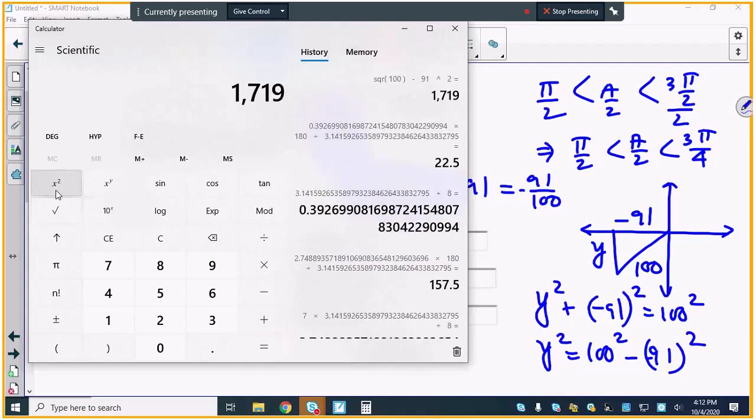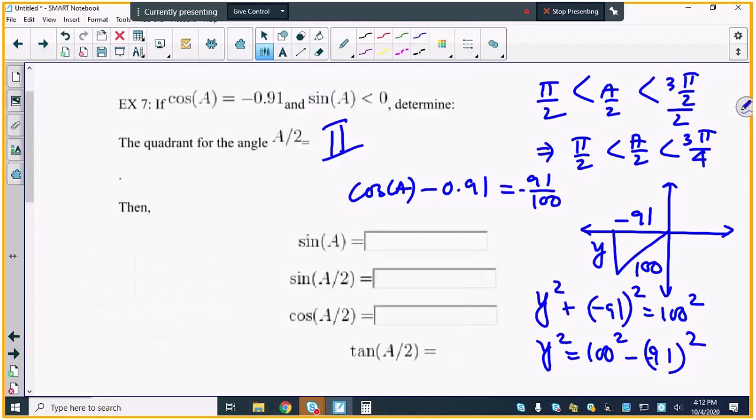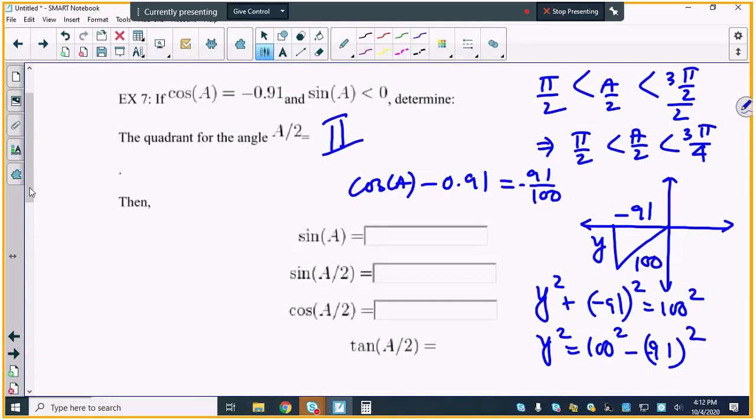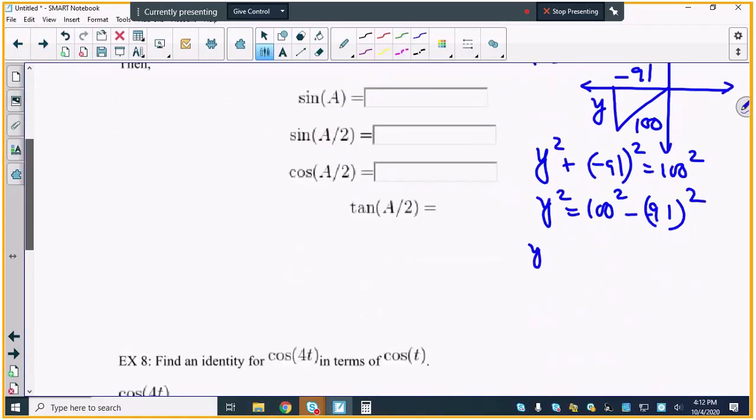So that's 1719, and I need to take the square root of this thing. So first I will write y squared equal to 1719, and as I said, I will now take the square roots on both sides.